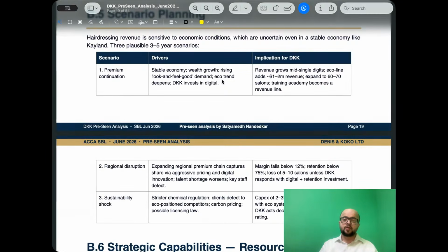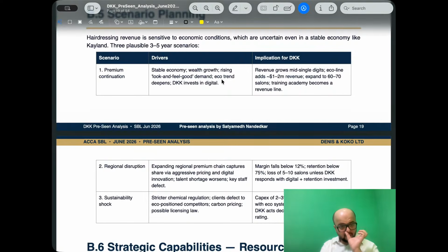Another scenario could be regional disruption. We saw that there are individual stores replicating the model of DKK. So the competitive advantage which DKK had is now going to the individual players also. An expanding regional premium chain captures share via aggressive pricing and digital innovation.